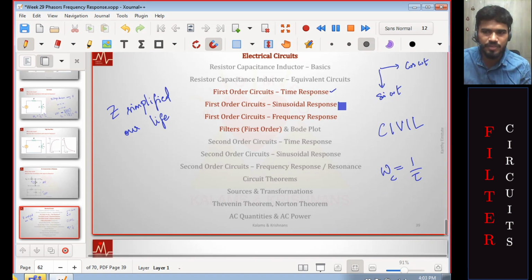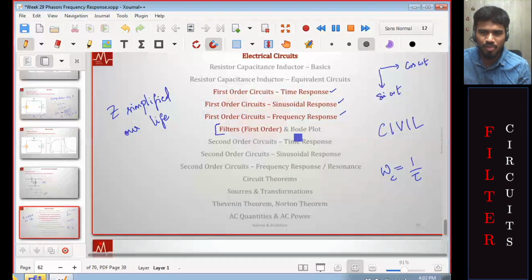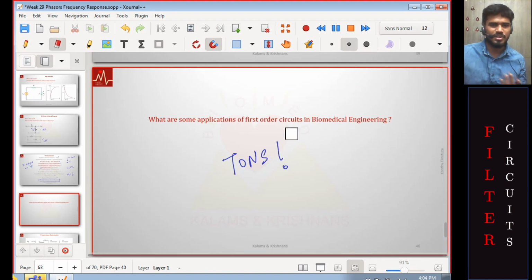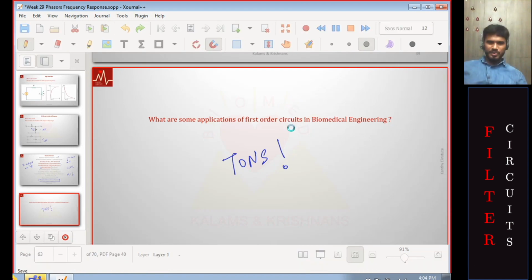Today we did sinusoidal and frequency response. We did at least one filter properly. There are only like 4 first order filters. Bode plot we'll do separately. We will get back to applications of first order circuits in biomedical engineering. Actually, a ton. Most of bioinstrumentation is based on what we learned right now. And if you know second order circuits, it will also complete the picture.